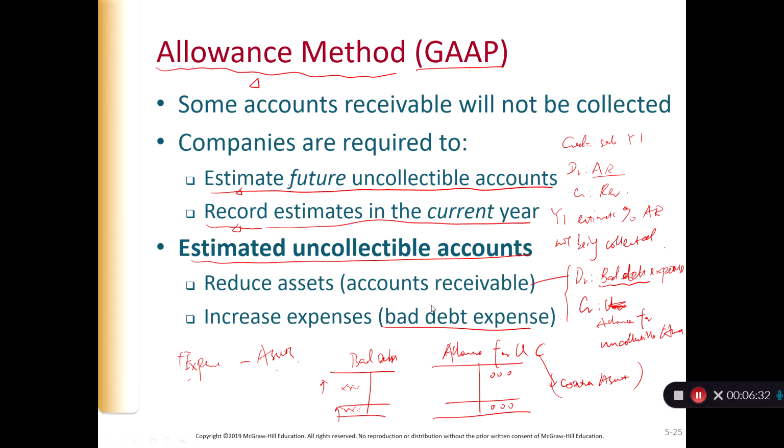And that's why we call this conservatism. Accountants are more conservative than other professions because we always consider the worst scenario. Under the allowance method, companies are required to estimate future uncollectible accounts and report the future uncollectible possibility in the current year. Okay, you recognize this bad debt expense this year.